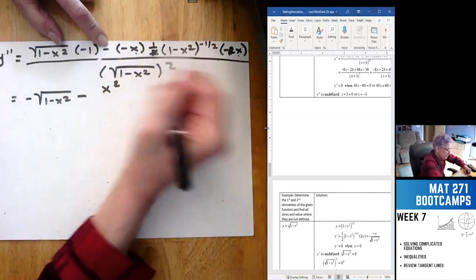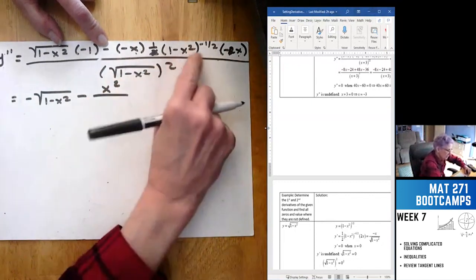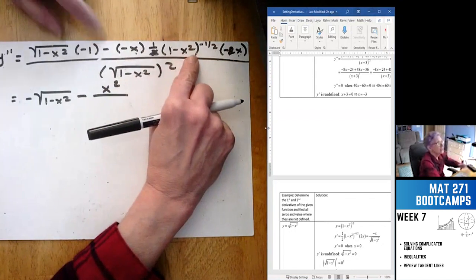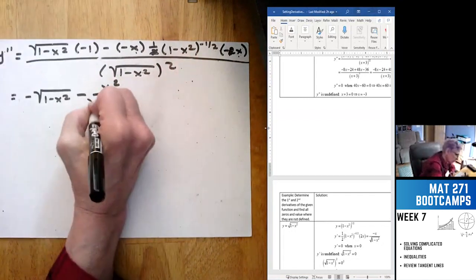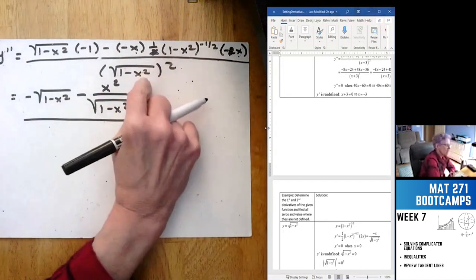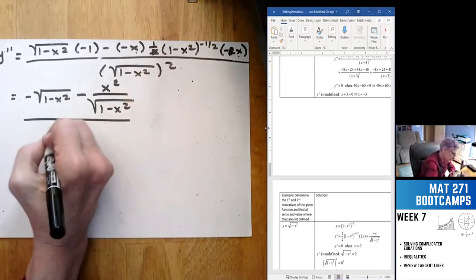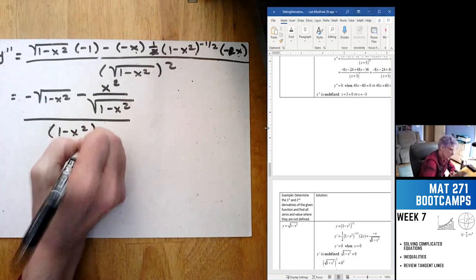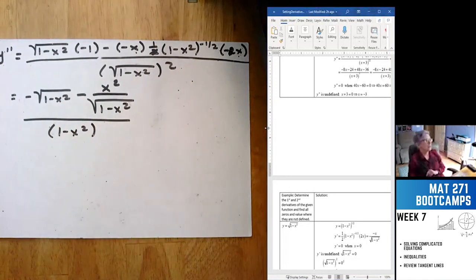X squared sitting on top, and then again, this tells me, hey, I'm on the wrong side of the fraction bar. I should be under here. And then the square root squared is just 1 minus x squared.